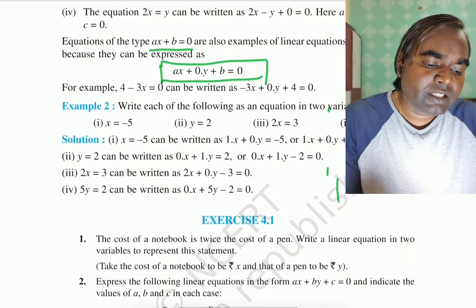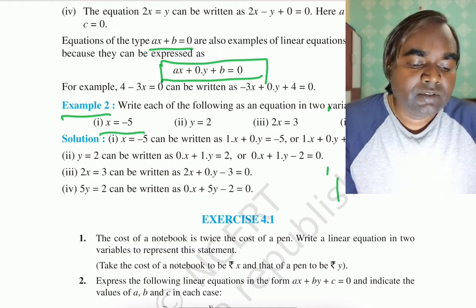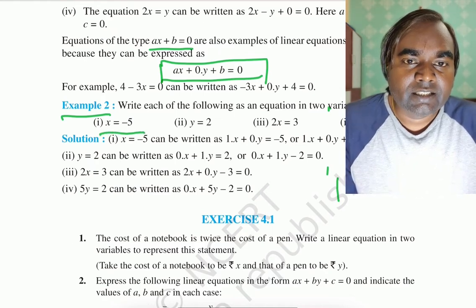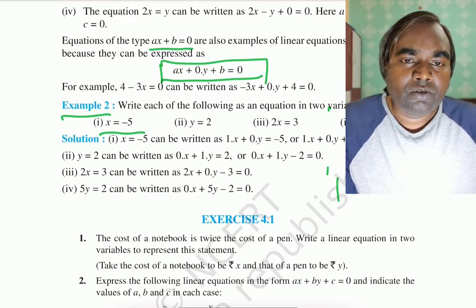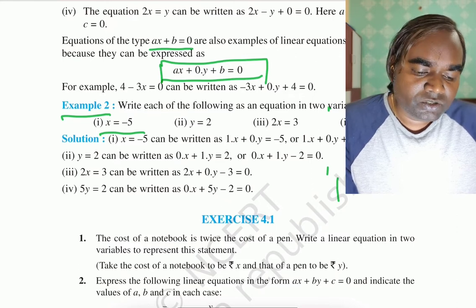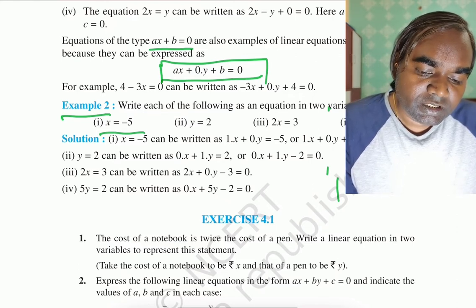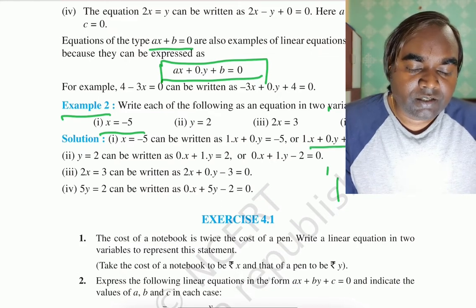So consider example number 2: x is equal to minus 5 is a linear equation, that is x plus 5 is equal to 0. You can convert this into two variables how? ax plus by plus c, where a is equal to 1, b is equal to 0: x plus 0 dot y plus 5 is equal to 0. That is obvious.